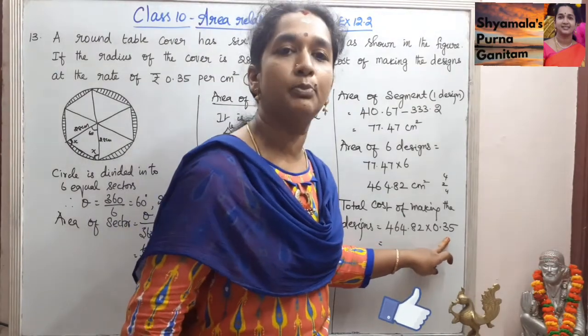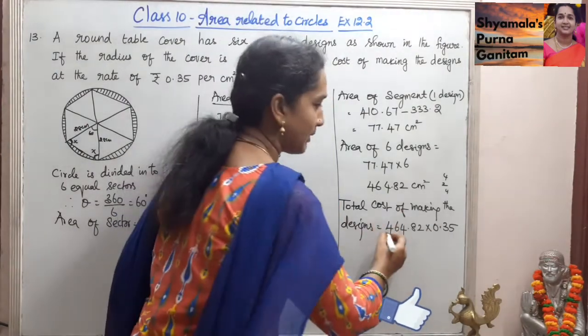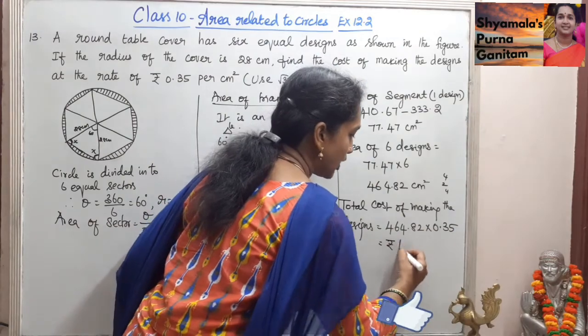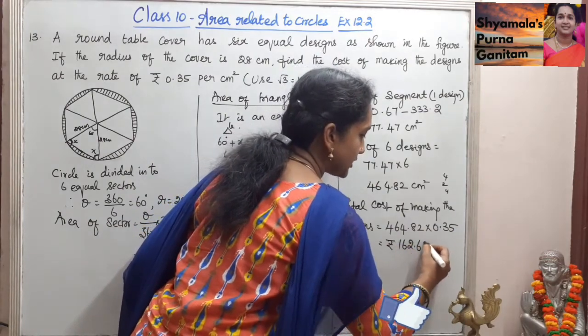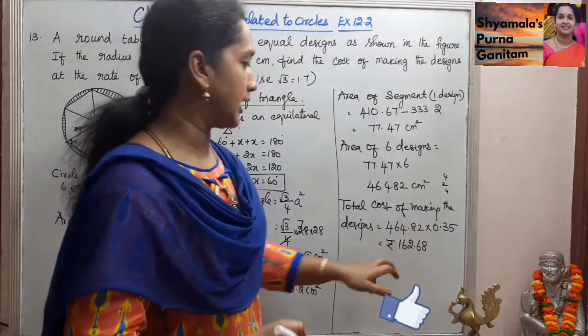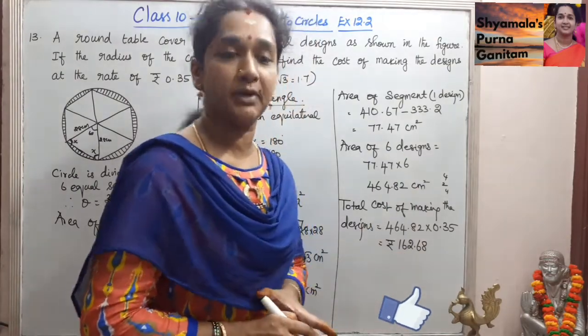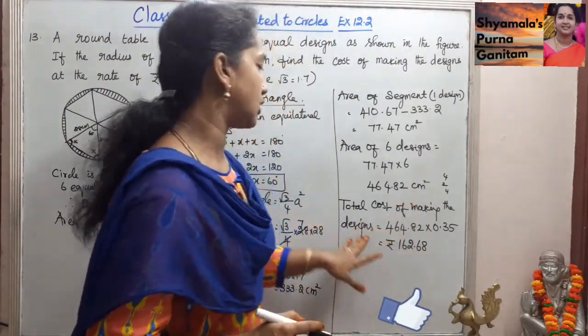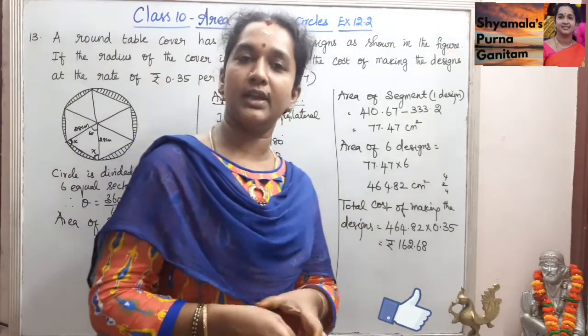When we multiply these two, we will get 162.68, that is 162 rupees 68 paise. So this is the total cost of making the design. Okay. Thank you.